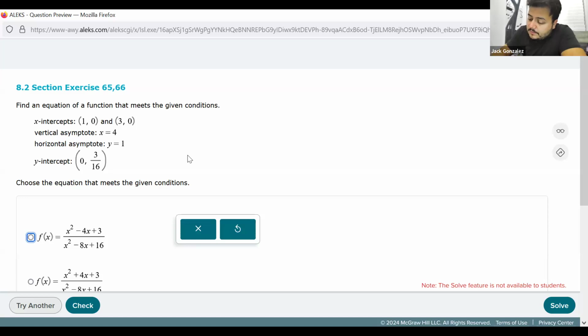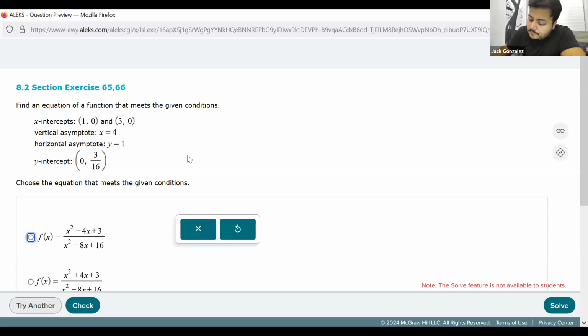Find an equation of a function that meets the given conditions. All right. X-intercepts, just write this down and we'll switch over. 3, 0 and 1, 0. Vertical asymptote: x equals 4.